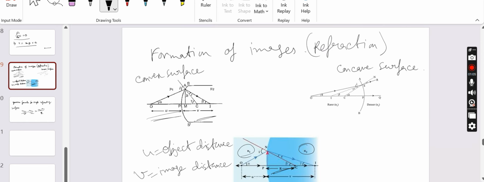So if we start with this concave surface also, you will get the same result. Let me show you.